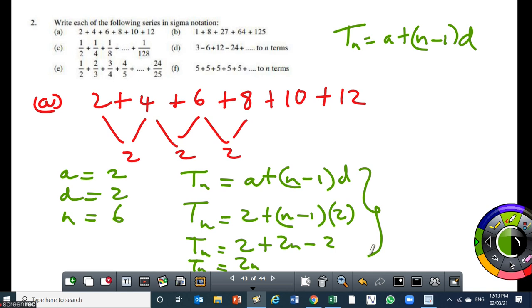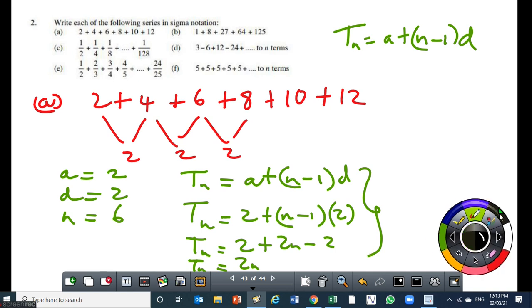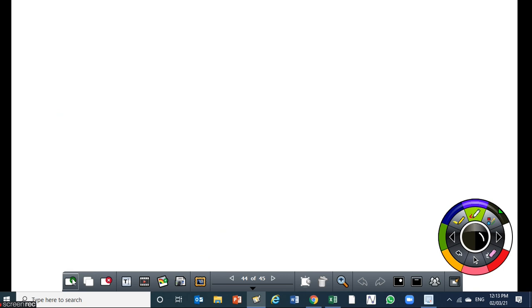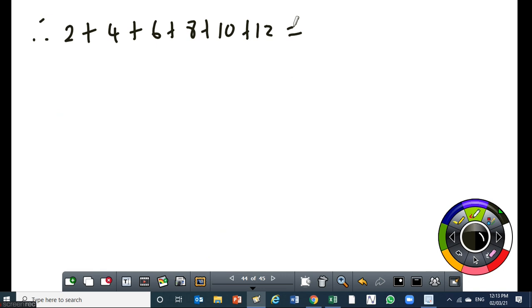So I can write my answer on the next page. Therefore, 2 plus 4 plus 6 plus 8 plus 10 plus 12 is the same as sigma.